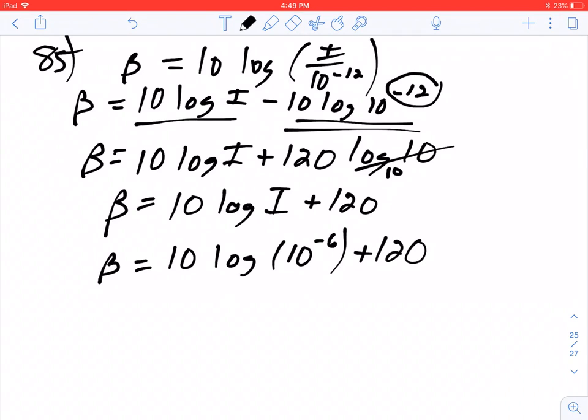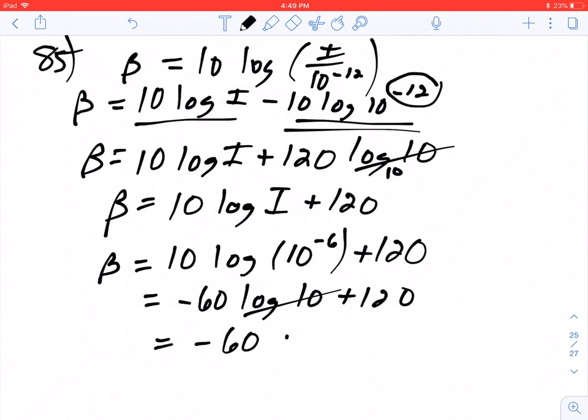Going from there, we're going to utilize the power property again. We're going to bring that negative 6 down in front and multiply by the 10, so it becomes negative 60 log of 10 plus 120. This turns into 1, and we're left with negative 60 plus 120, which is 60. So beta, in this case, which is your decibels, would be 60.